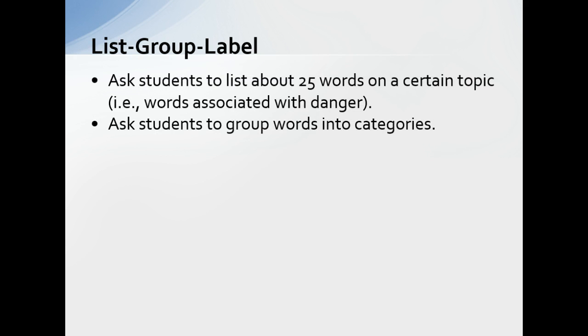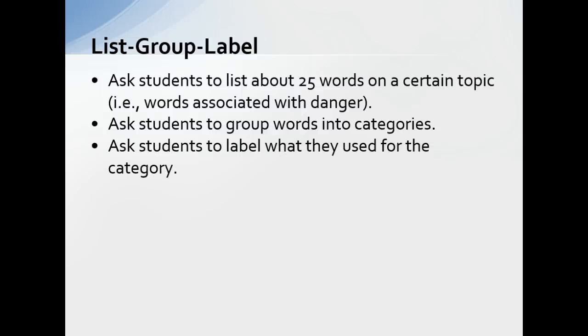Another strategy is list, group, label. In this strategy, we ask students to list about 25 words on a certain topic, for example, words associated with danger. Then we ask students to group the words into categories, sort of like we did with the word sort, but a little different. And then we ask students to label what they used for the category.